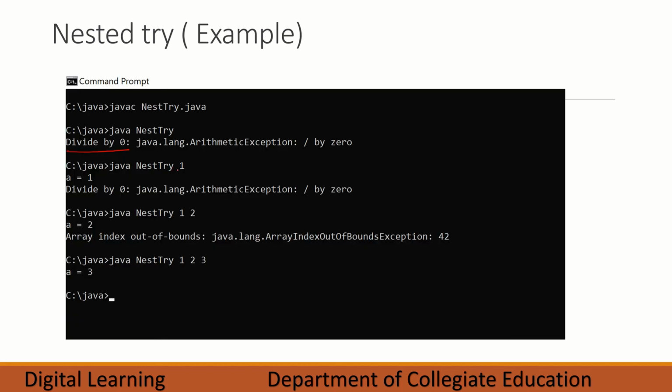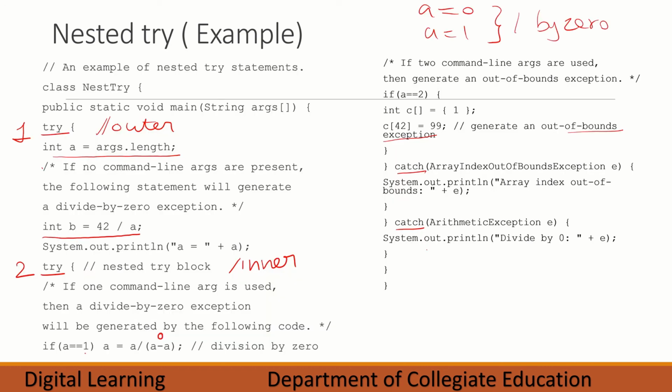In the second condition, when the number of arguments is 1, that is a is equal to 1, we say a is equal to a divided by a minus 1. It means we are also going to get a divide by 0 exception. It will try to match with the inner catch, that is array index out of bounds. It is not matching.